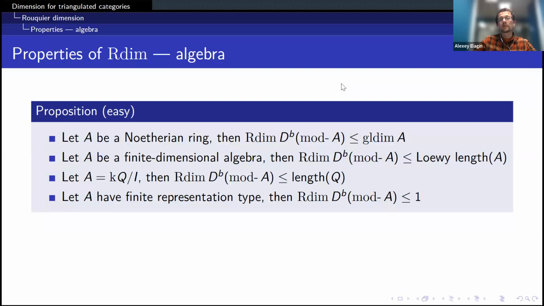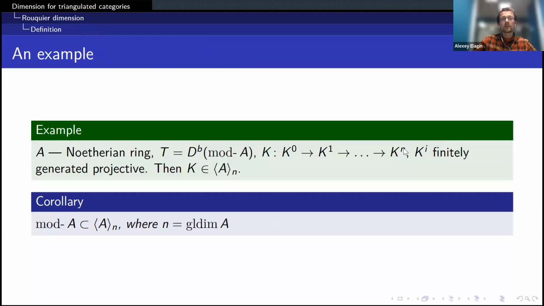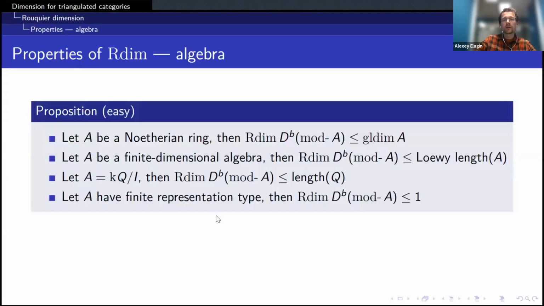There is a natural upper bound for Rouquier dimension by the global dimension of the ring, which is this argument that I demonstrated here, but with some modification so that it works not only for modules, but for all complexes of modules. The statement is the same, that a free module generates the whole category in time equal to the global dimension of the ring.